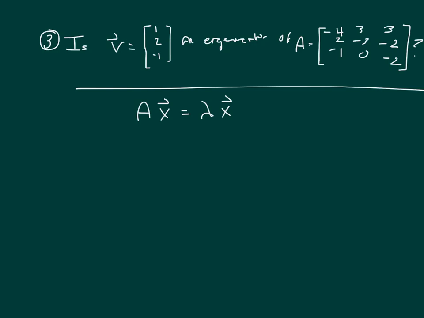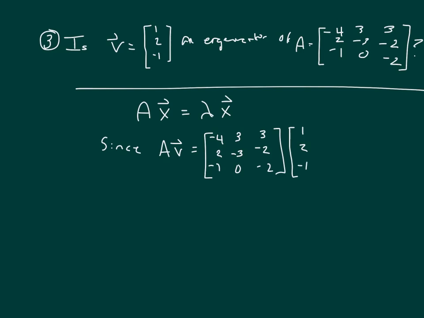What we can ask is, okay, since A times V, and remember this would be this matrix first, the A first, times our V, which is 1, 2, negative 1.